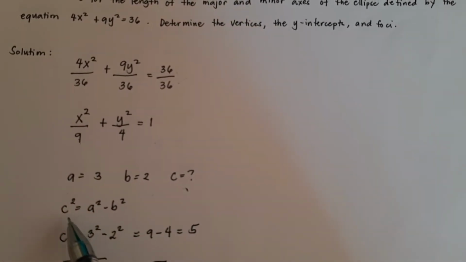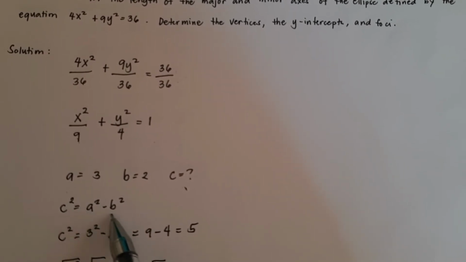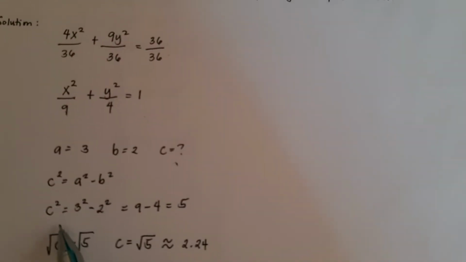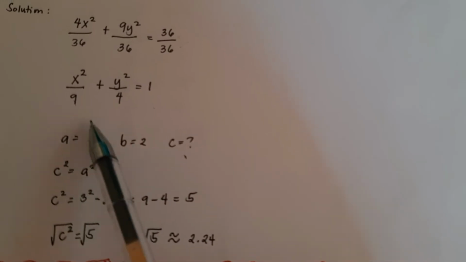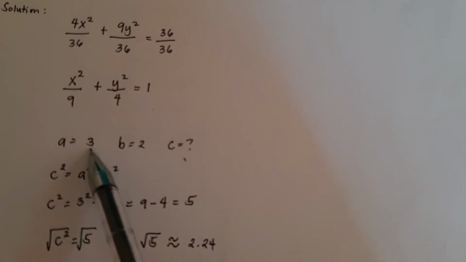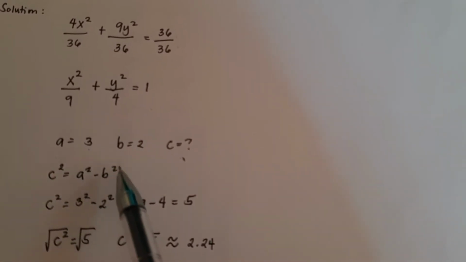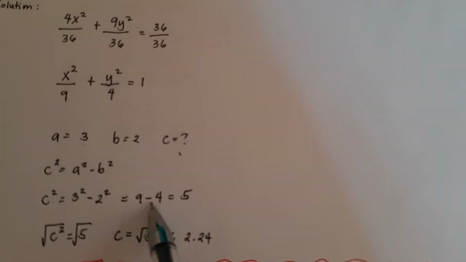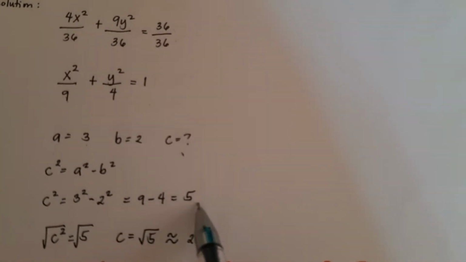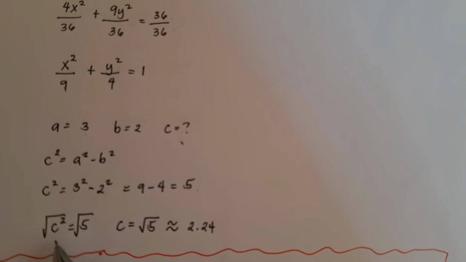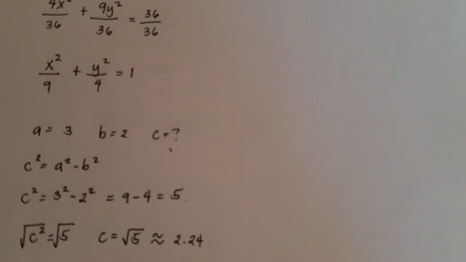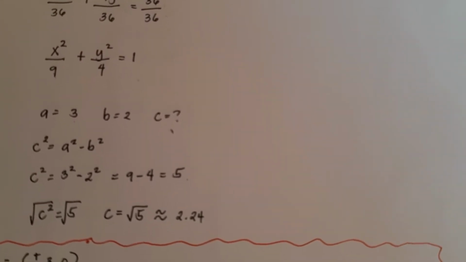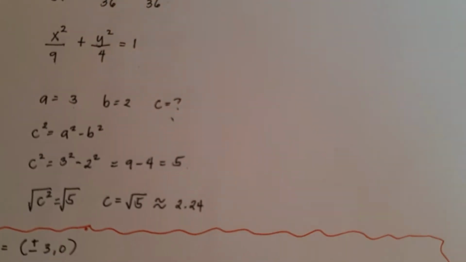Therefore, c squared is equal to a squared minus b squared. So, c squared is equal to 3 squared minus 2 squared, which is 9 minus 4, equal to 5. Therefore, the value of c is the square root of 5, or approximately 2.24.